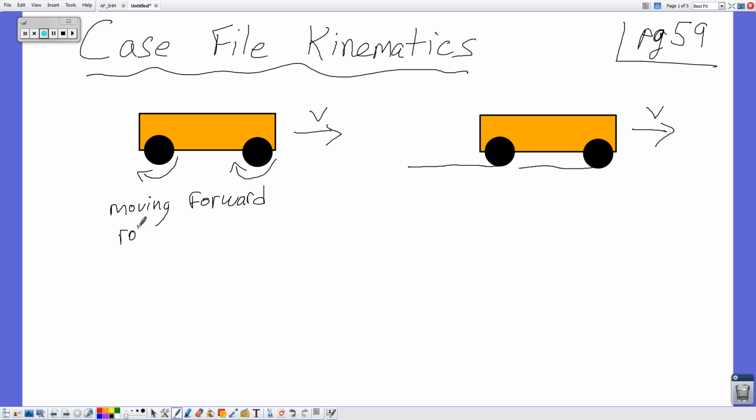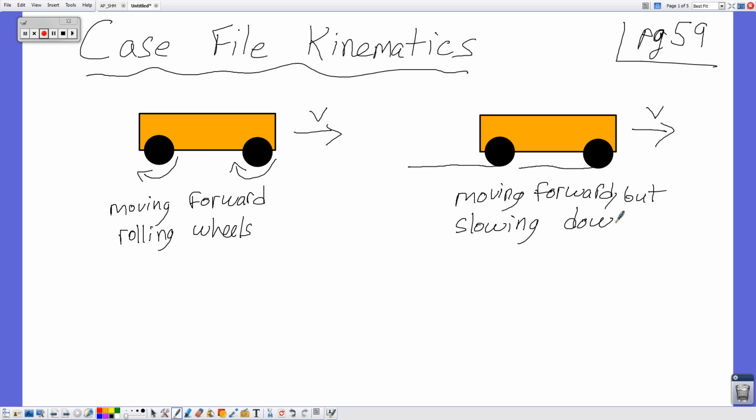with rolling wheels. All right. Here we have a car that is moving forward, but slowing down because you hit the brakes.